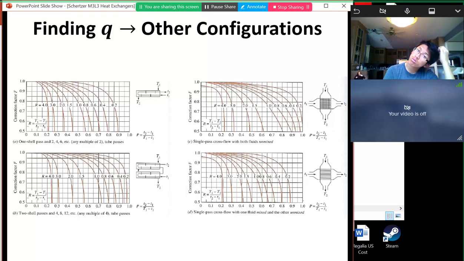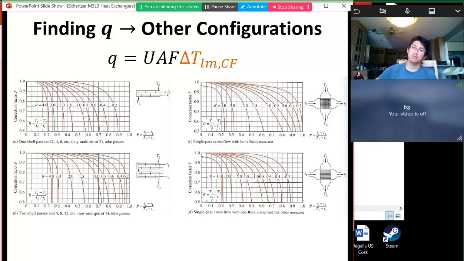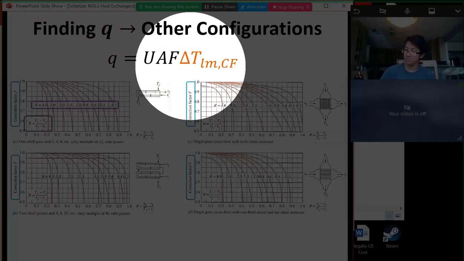So you could find a geometry that looks like what you're doing, and you can use this log mean temperature difference method. It's just you'll have this factor F. So you sort of have to multiply by F, right? So now this isn't the log mean temperature difference equation we had before, which was just UA delta T log mean. But here, if you're using one of these funny geometries, then you use UA times F delta T log mean.